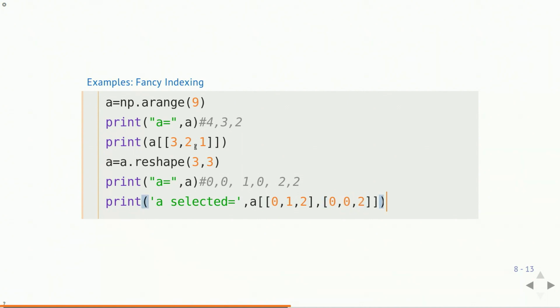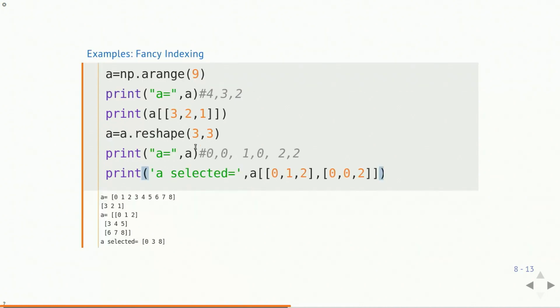So that will just select the 0, 0, 1, 0 and 2, 2 elements from our array. So here is the output of it. It will return us 0, 3, 8, and in the first case it will return us 3, 2, 1. So here are the 3, 2, 1 elements from this array A.